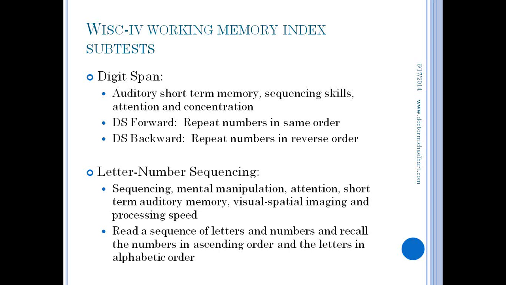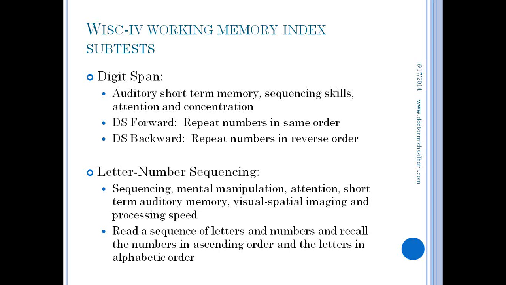But basically, there are 2 different subtests on the WISC that measure working memory. You see my first bullet here for digit span. It says auditory short-term memory. That came right out of the catalog for this particular test.